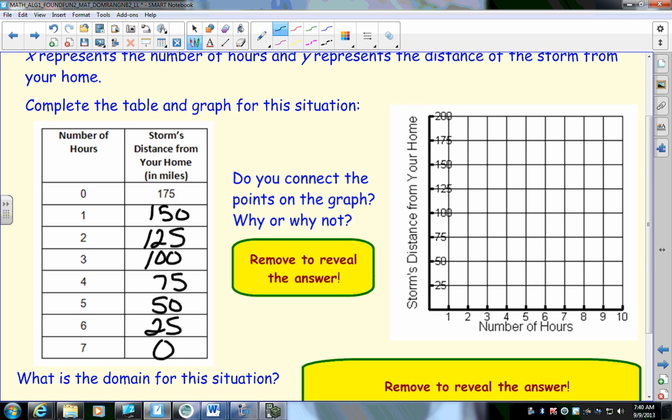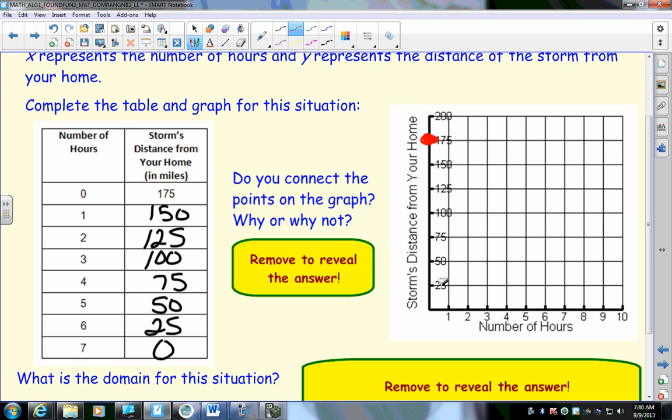Now, it wants us to graph it. And up here on mine, I wish I could figure out, they changed things around. I don't know where my handy dandy little dots are anymore. Okay, I'll quit looking. All right. So it wants us to plot 0 and 175. So I'll go up here. This is my starting point.